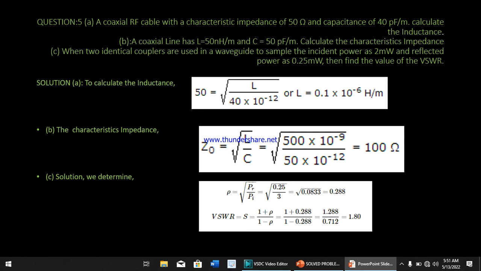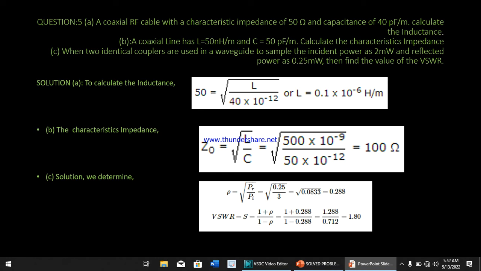To find the VSWR, we must first of all get the reflection coefficient, which gives the square root of reflected power over the incident power. And if we substitute the value of the reflected power and the incident power, we have reflection coefficient to be 0.288.